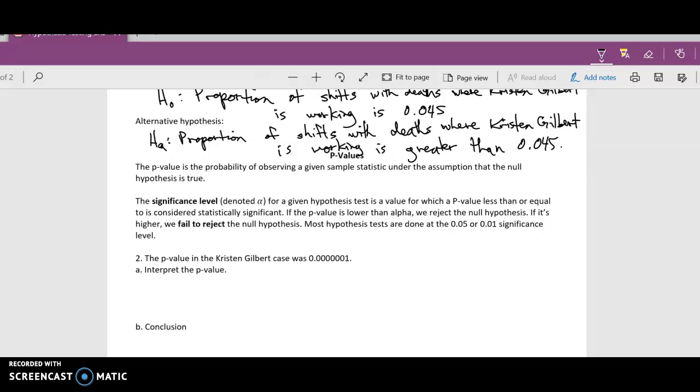Interpret the p-value. So here's, first of all, what does this little piece mean?